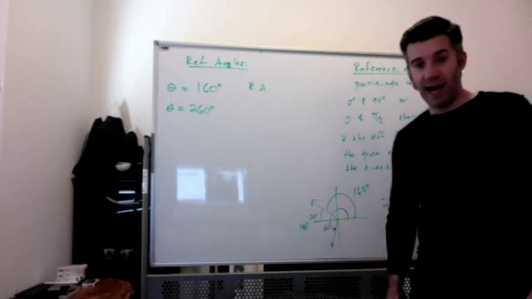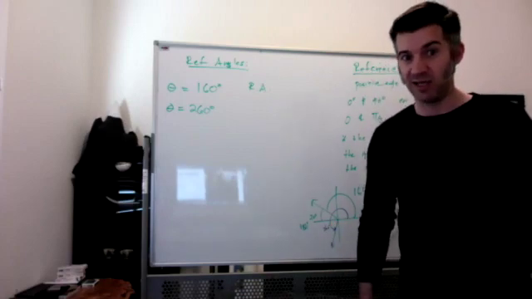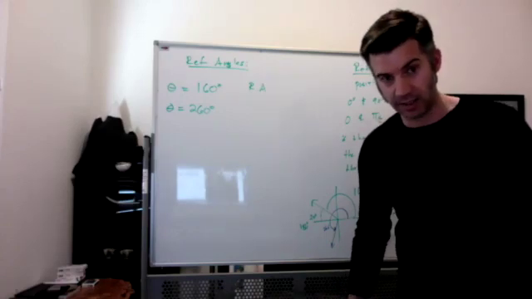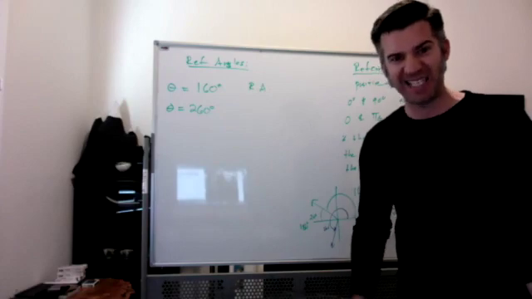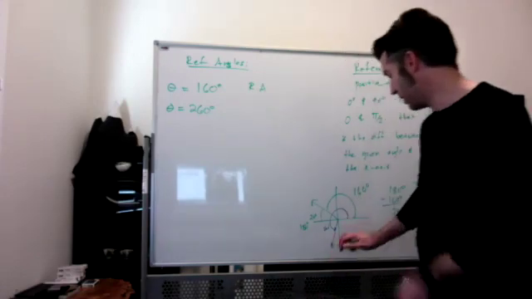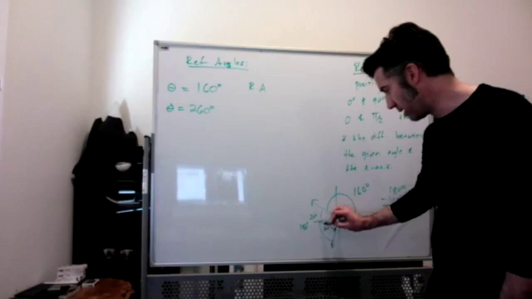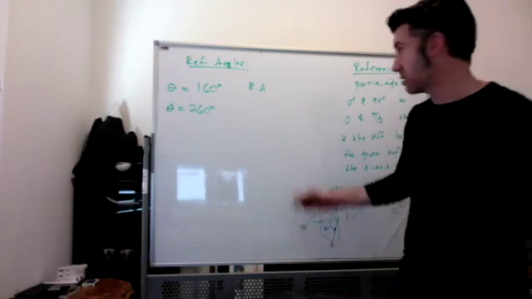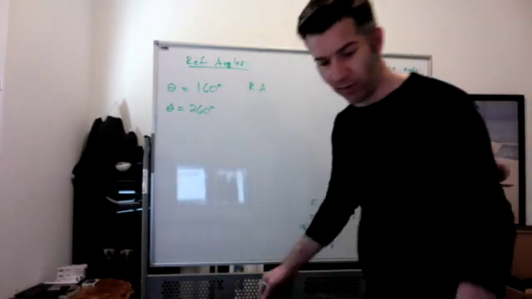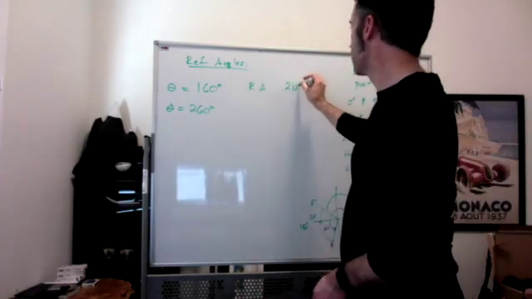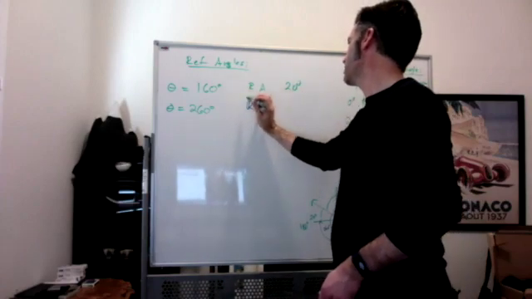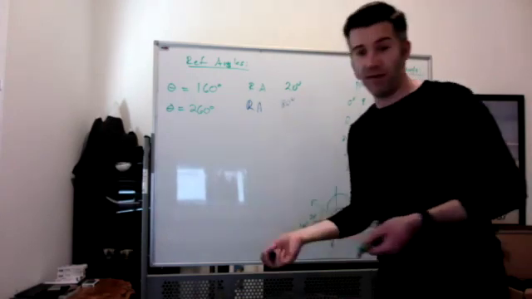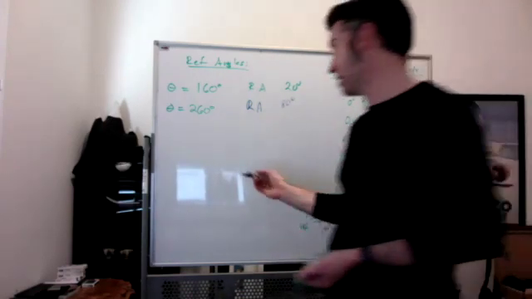And here's the thing. I've definitely seen people in the past say that the reference angle here is 10 degrees. It's not 10 degrees. 10 degrees is how far it is to the y-axis. We always have to measure to the x-axis. So to get to the x-axis, I have to go back that way. So from 180 to 260, the difference is 80 degrees. So here the reference angle is 80 degrees. And the way we could have found that would have been by doing 260 minus 180.